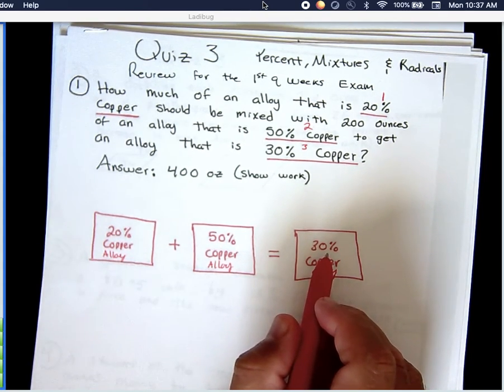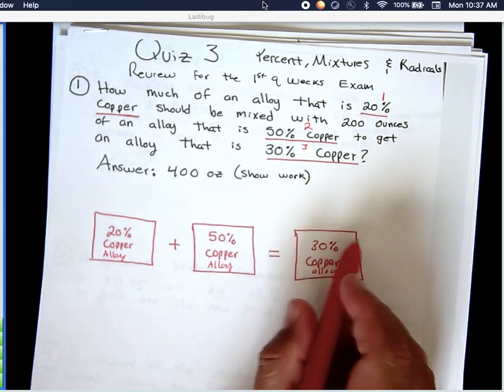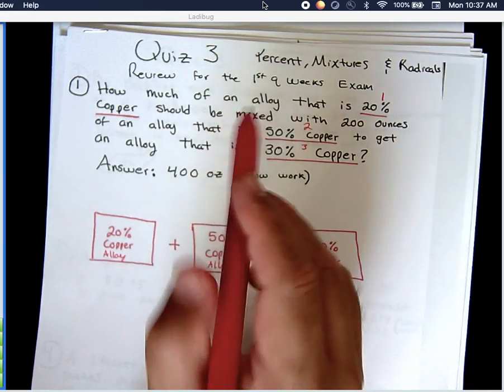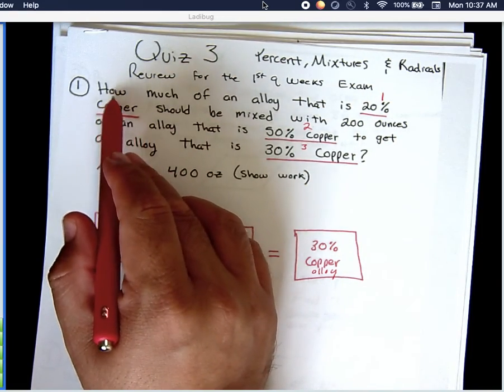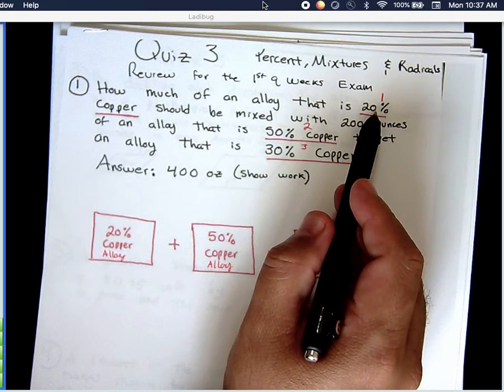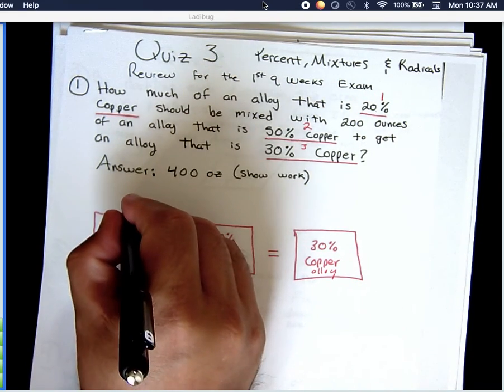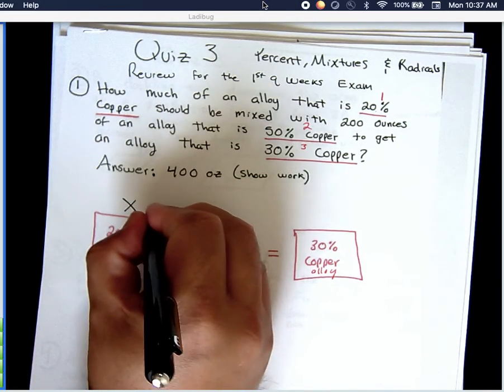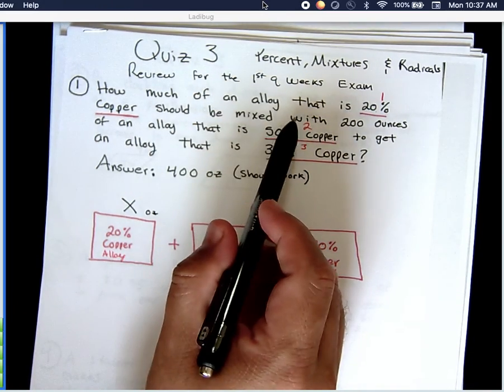So alloys have a mixture of things. For the 20% copper, are they giving us how much? No, they're asking how much of this. So we're going to name that X, in ounces.